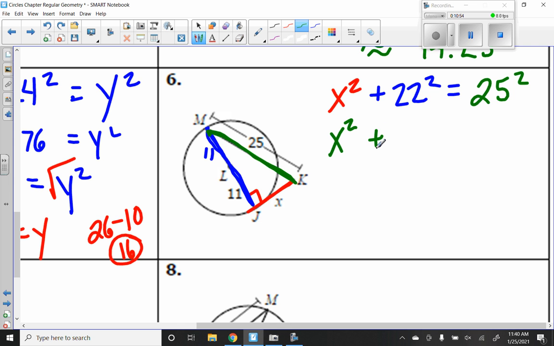X squared, 22 times 22 is 484. 25 times 25 is 625. Now we got to get rid of the 484 because we got to isolate the x.